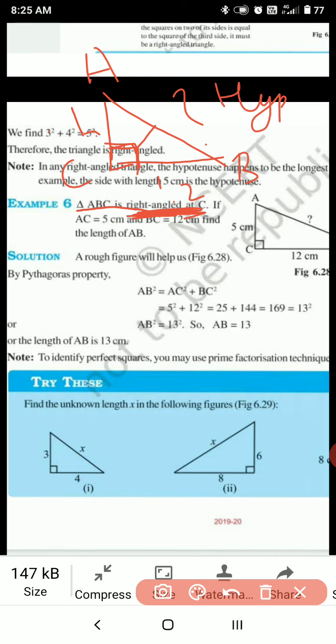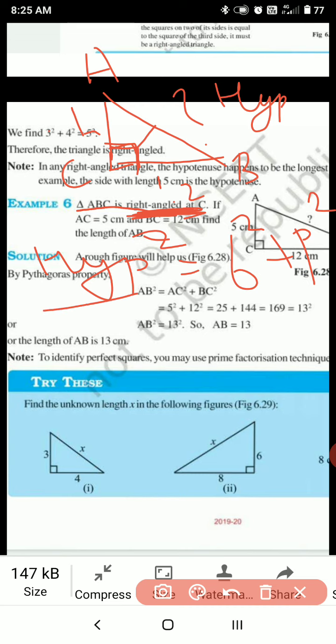Again you just use the property of Pythagoras: hypotenuse square is equal to base square plus perpendicular square.